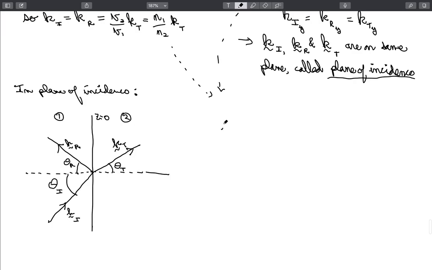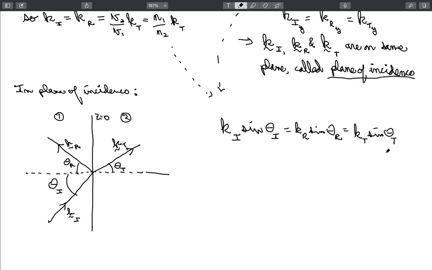So what does that tell us? It tells us that the incident wave vector times the sine of the incident angle has to be equal to k_r sine theta_r, and this has to be equal to k_t, the transmitted, times sine theta_t.